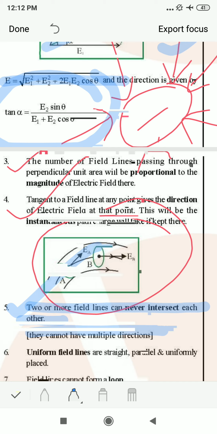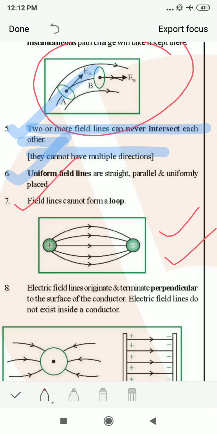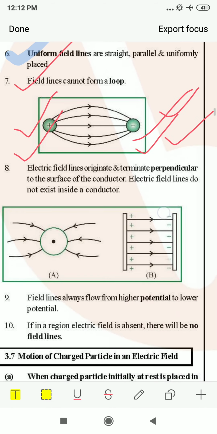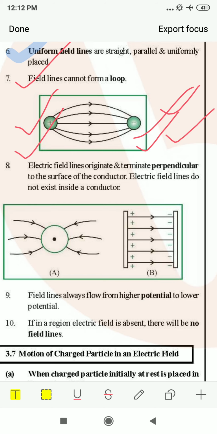These field lines are straight, parallel and uniform. I've already told you the electric field lines do not form a loop. In this diagram also you can see electric field lines going away from the positive charge and going towards the negative charge. They do not form a closed loop. The next property is electric field lines originate and terminate perpendicular to the surface of the conductor. It is given.